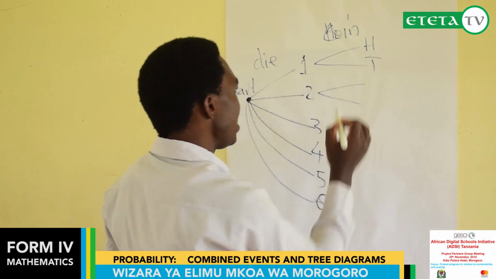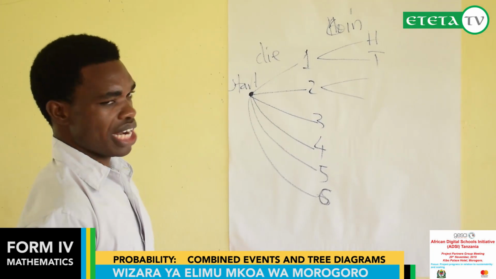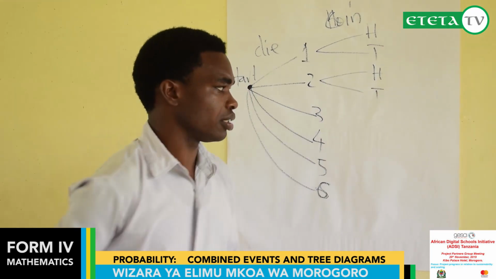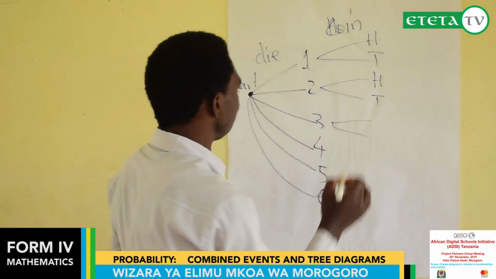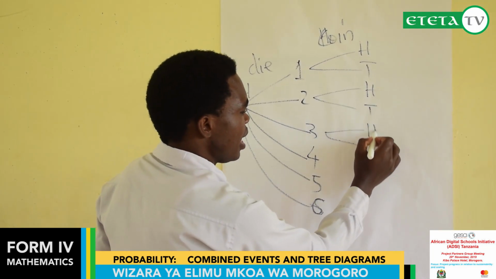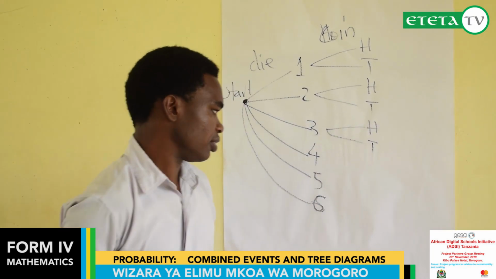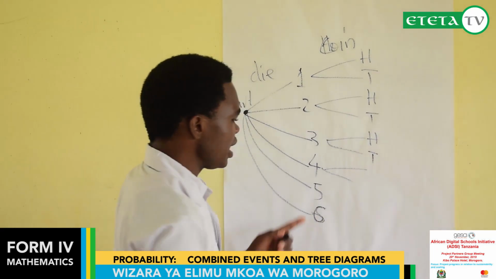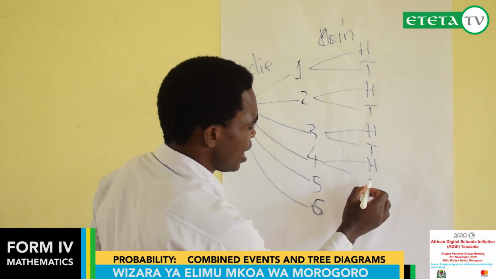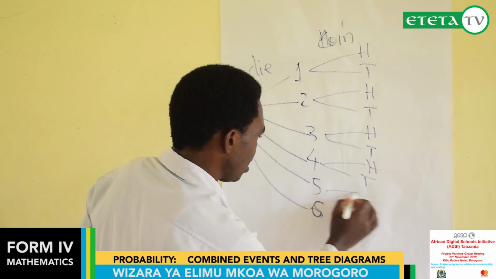When on the die it appears 2, then on a coin it can appear as a head or a tail. Again, when on a die it appears 3, on the coin it can appear a head or tail. Similarly, when on the die it appears 4, again we can observe a head or a tail.